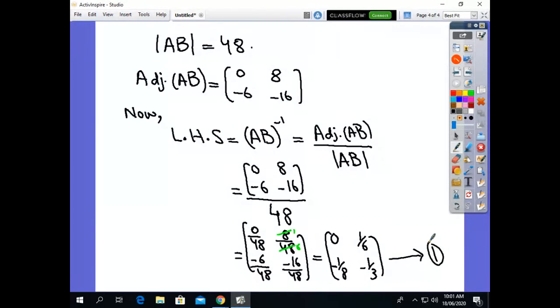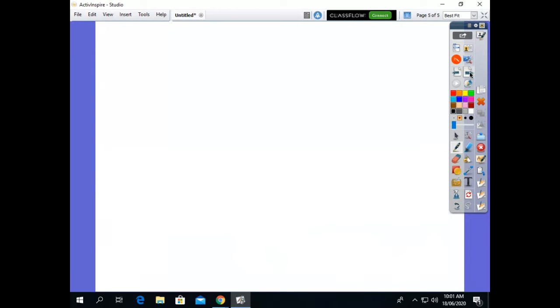Now we solve the right hand side. Right hand side is B inverse A inverse.